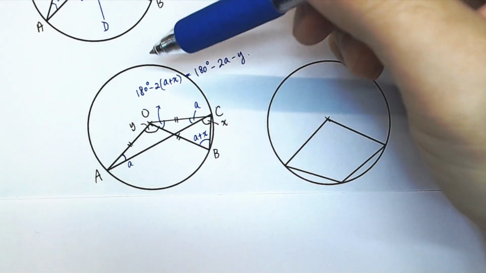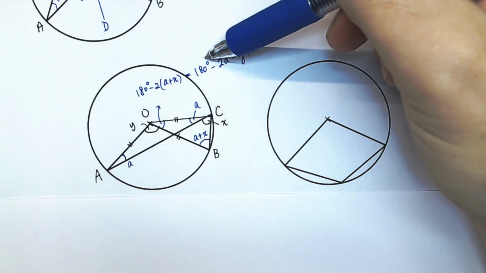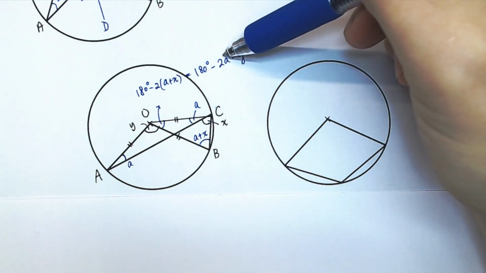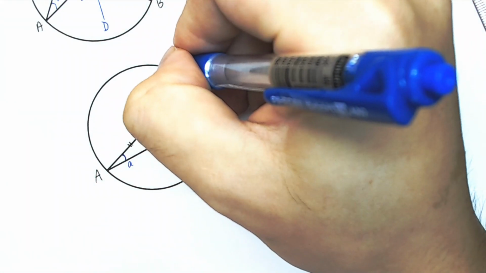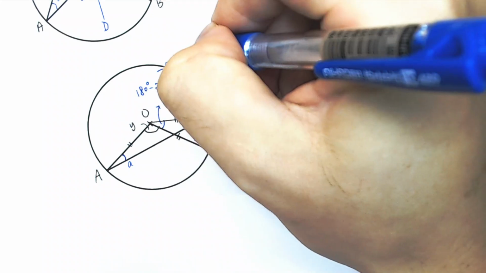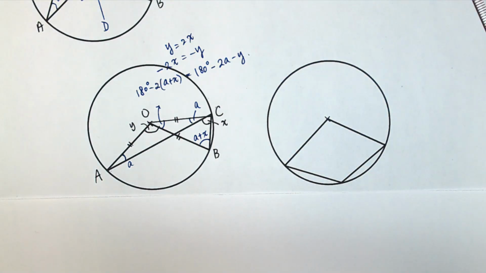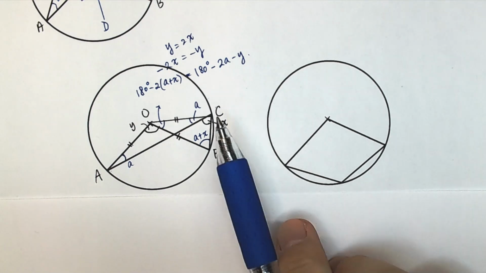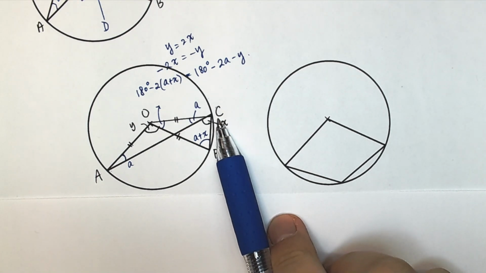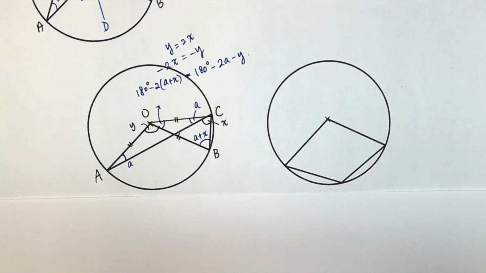Remove the bracket, you will have 180 degrees cancelled out, minus 2a cancelled out, and you will get negative 2x equals negative y, and thus y is indeed 2x. Okay, so no matter where the position of C is, we will have the angle at center being twice the angle at the circumference.